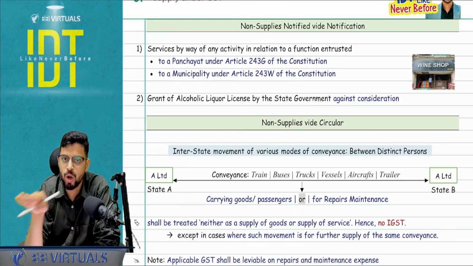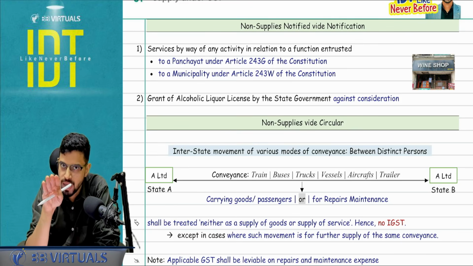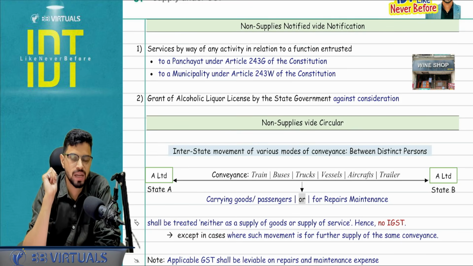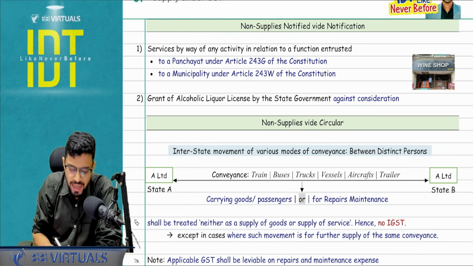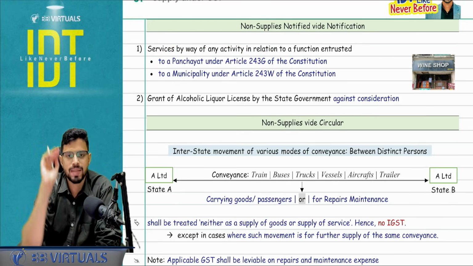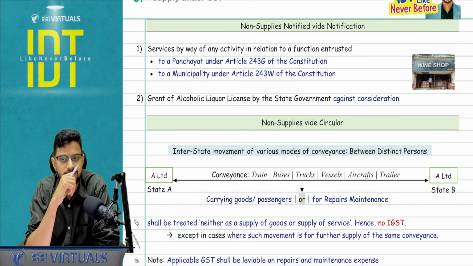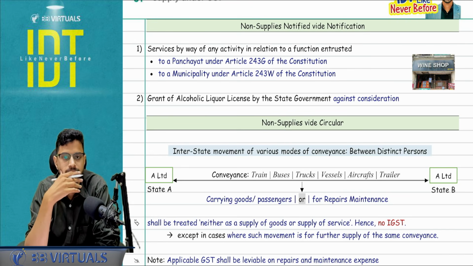So ultimately, we want to ensure the GST is not there because the cost will increase for the people of India. So anyone conducting any activity with respect to these functions, just ensure that link is there, non-supply. Clear?